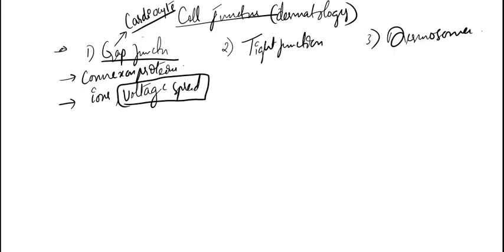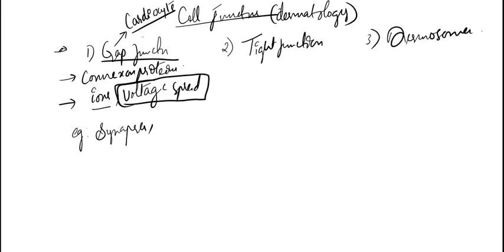The heart cell or cardiac cell consists of gap junctions. Gap junctions are nothing but the cell membranes of these successive cells. These gap junctions help in transportation of ions as well as spreading of voltage from one cell to another cell.